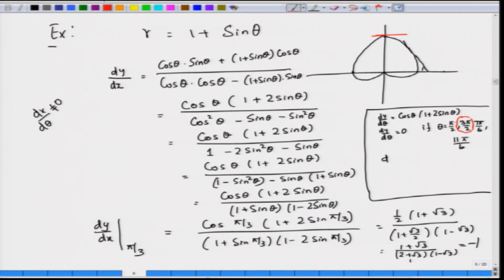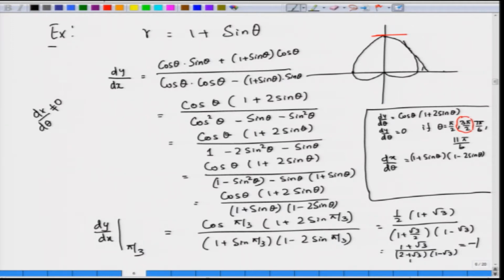At theta equal to pi by 2, I have dx by d theta equal to 1 plus sin theta into 1 minus 2 sin theta. At theta equal to pi by 2, this is not equal to 0, therefore I am going to get a horizontal tangent.